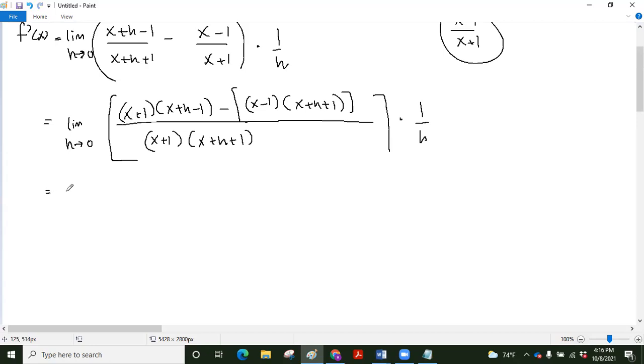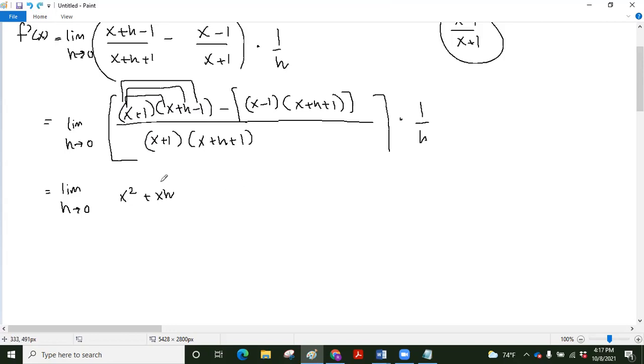And now we can say the limit as h approaches 0 is x squared plus xh, x squared plus xh minus x. So x squared plus xh minus x plus x minus, there is no minus here.